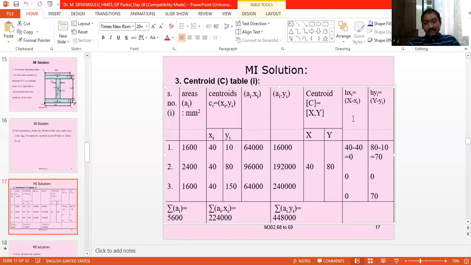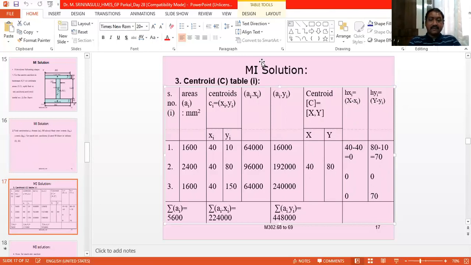Y means the y coordinate of the centroid of the given figure. Y1 means the y coordinate of rectangle 1. X1 means the x coordinate of rectangle 1, like that. So we need to find out hx1, hy1, hx2, hy2, and hx3, hy3, like this we have to find out.